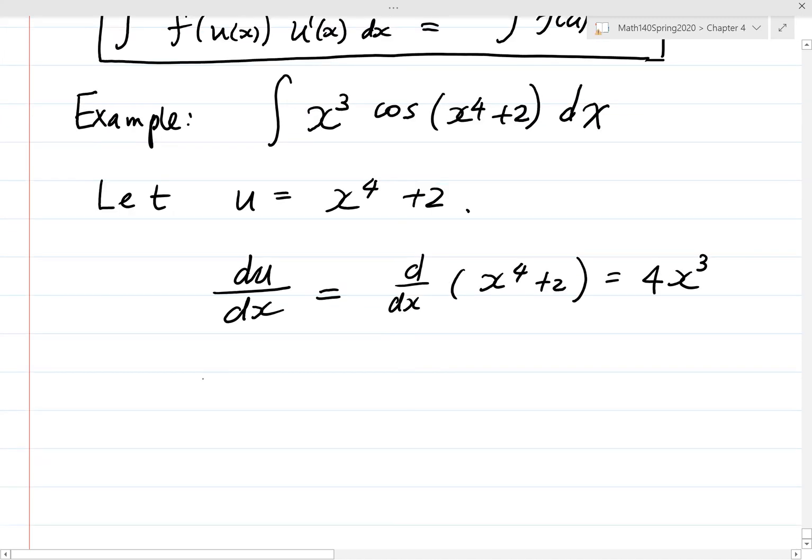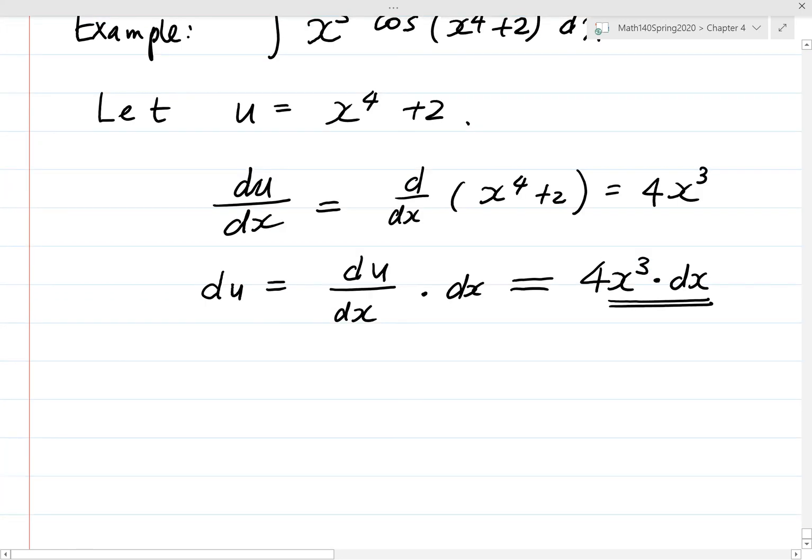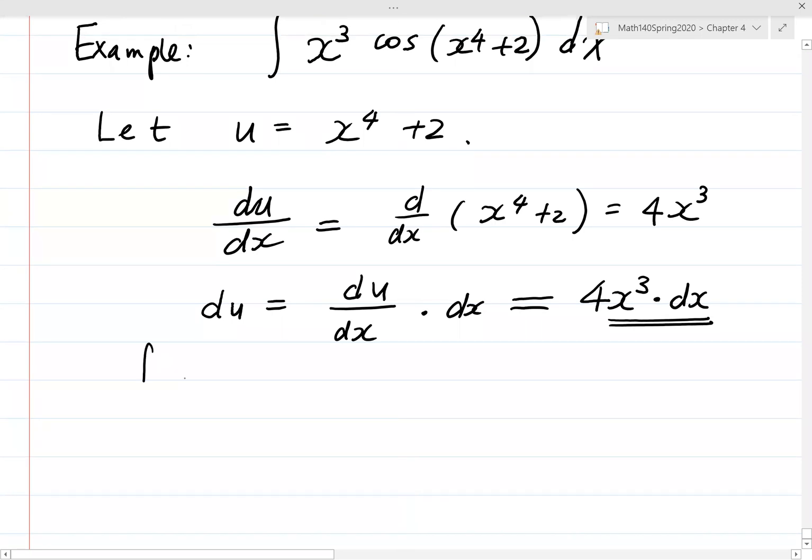So du will be du over dx times dx, which is 4x cubed dx. Now you see here we have x cubed dx in the original integral.